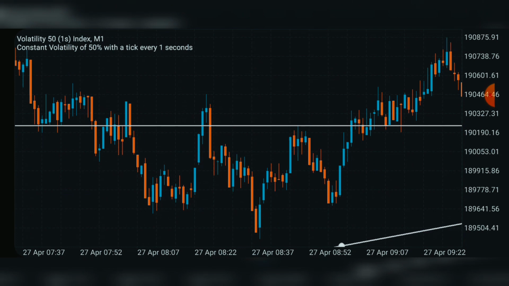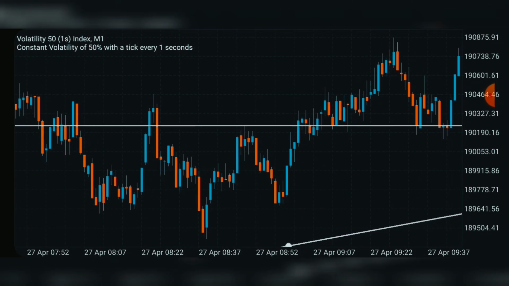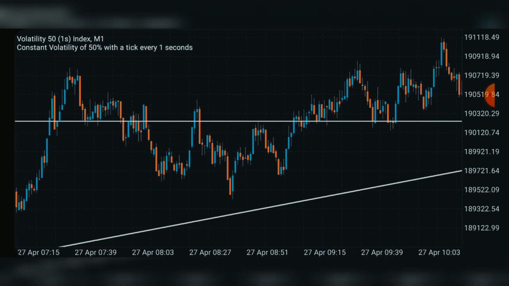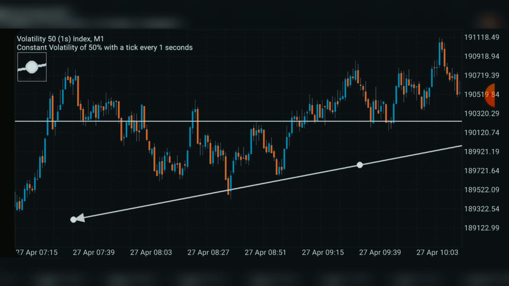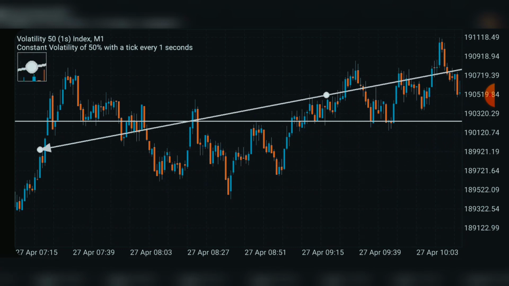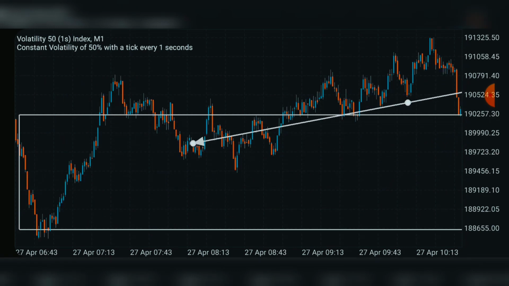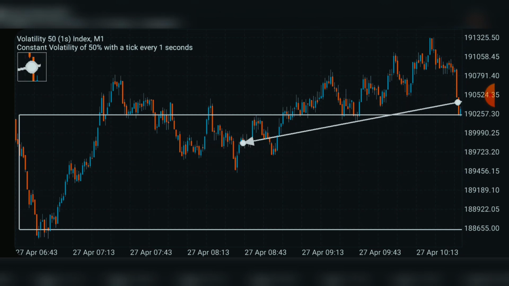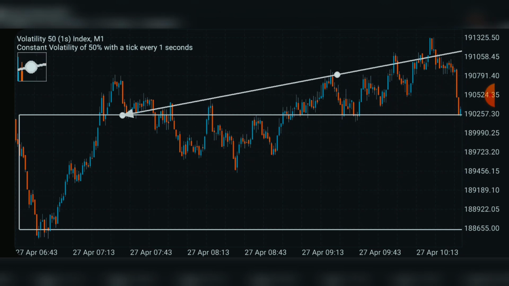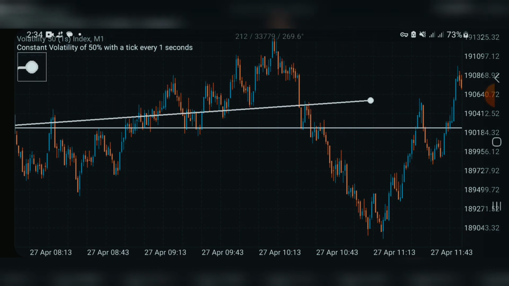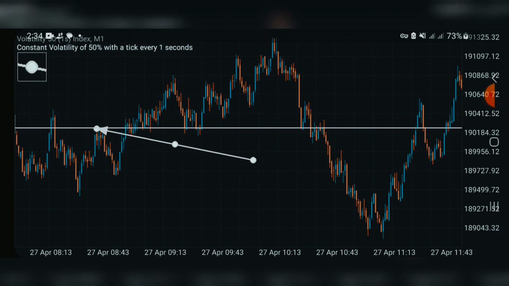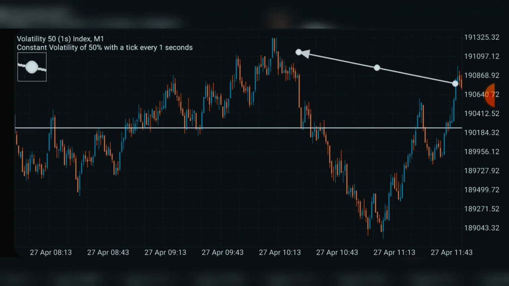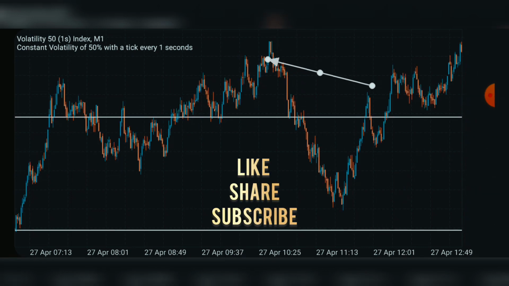It came, it tapped into this zone right here, right? So it came and it tapped into the zone, tapped in, and then right here, you have a next consolidation. And then price basically moved all the way up here, came back into the zone.